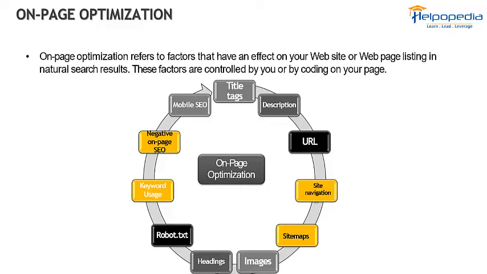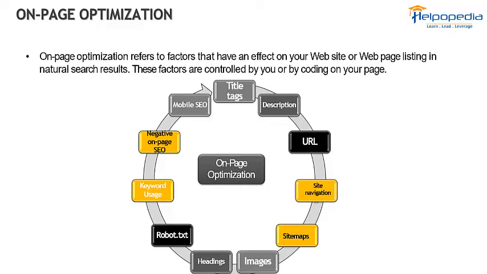So it will show me all the institutes from Mumbai, and not show any institutes from Dadar. That is negative on page SEO. But nowadays we don't use this negative on page SEO. We use only normal SEO on our page, that is on page SEO.